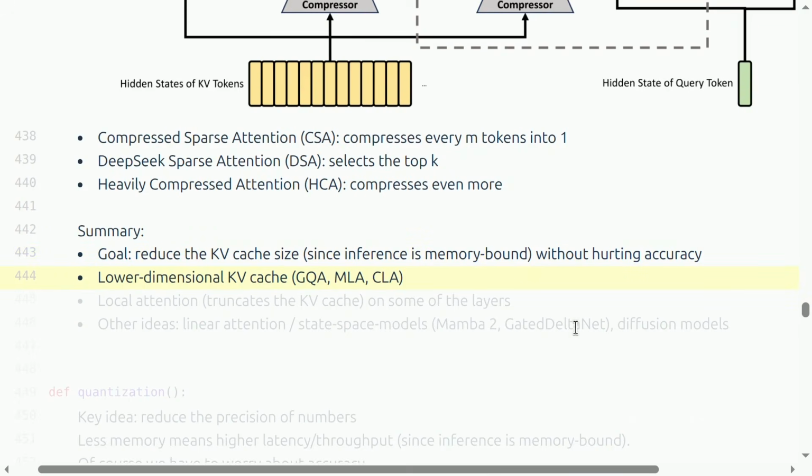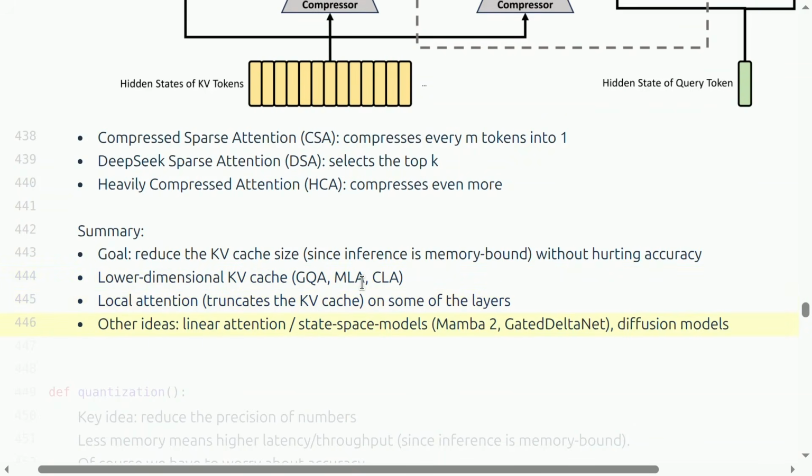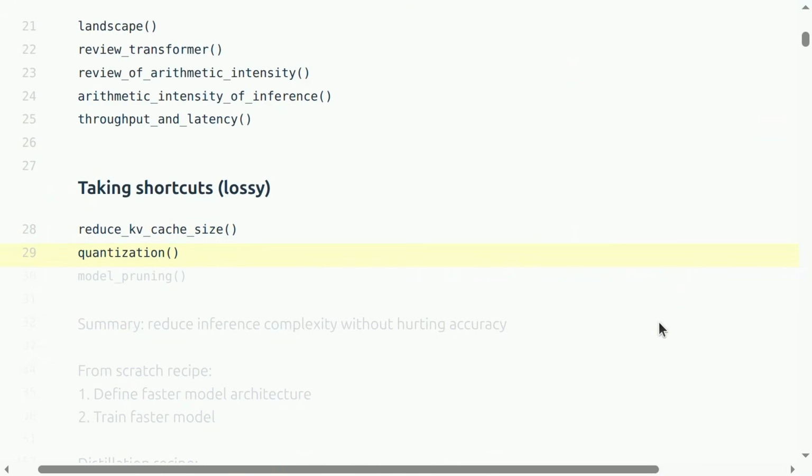You can do lower-dimensional KV caches across layers, across heads, and across head dimension. You can do local attention. You can do linear attention, which was discussed earlier. And there's much more. There are also diffusion models, which are a non-autoregressive way to generate, which can be much faster.